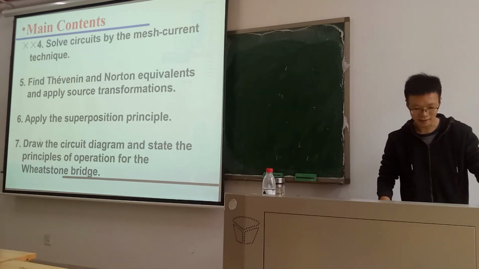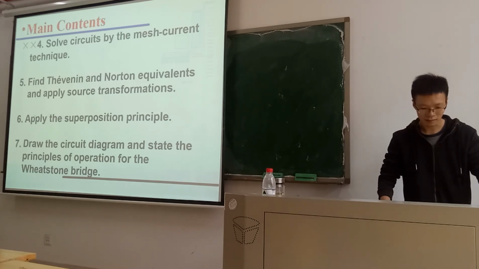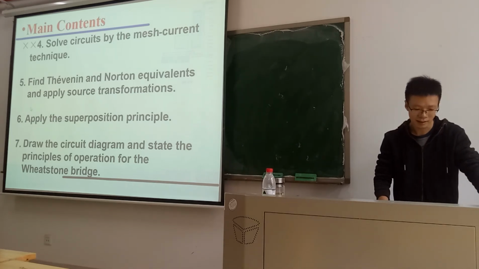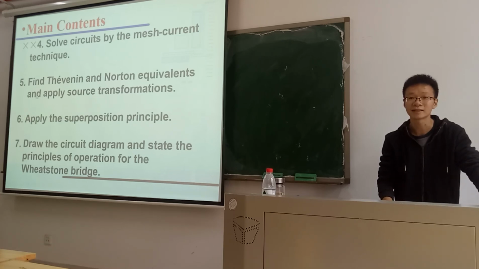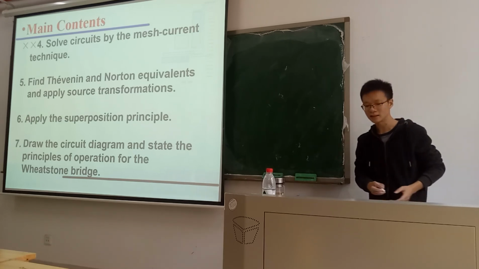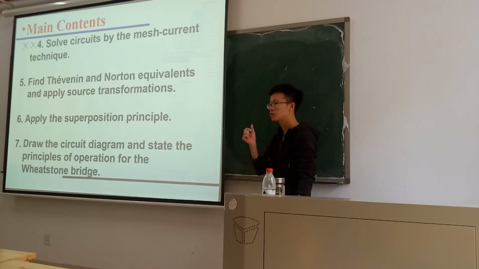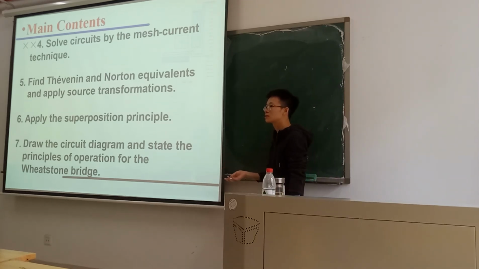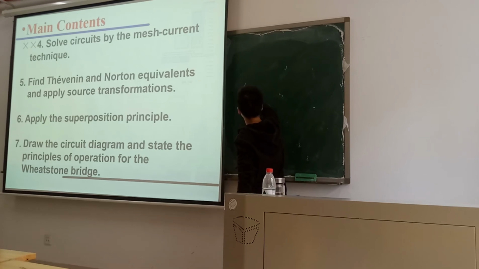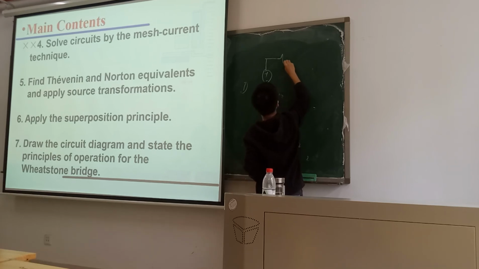And the next ones, maybe the sixth and the seventh, I don't mention because that is what we learned in class. And the fifth one, the Thevenin and Norton's equivalence, we have introduced 3 methods to solve the circuit, right? I take the Thevenin equivalence as an example.